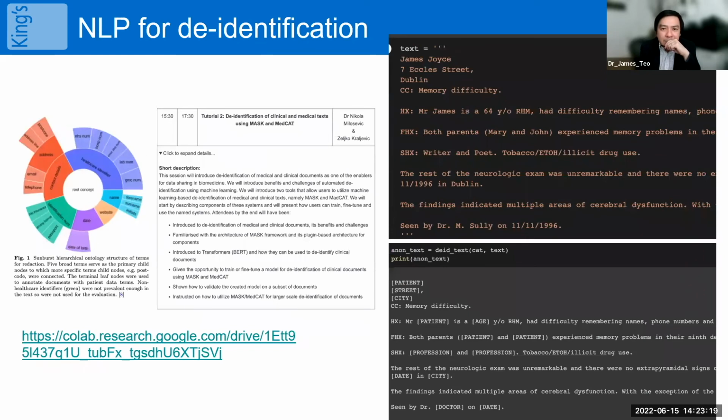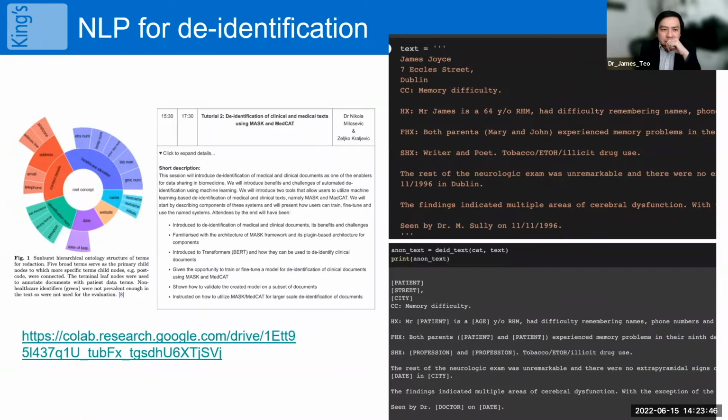We have, in the same time, been working on NLP for de-identification. I think yesterday we had a preview session with Dr. Kalvik, who presented some of the work on that. We've used the same tool with a transformer model to label identifiable text, and then redact it with its category, so that it retains some context.